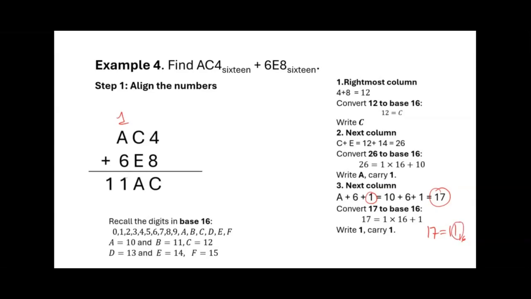I write down the 1 of the units under the column, and the next place value, which is also a 1, I carry onto the next column. Since there are no more numbers, I just do a final carry, and my answer is 11AC. So if I add these two numbers in base 16, this is the result that I obtained: 11AC in base 16.